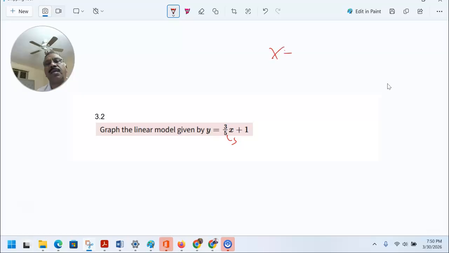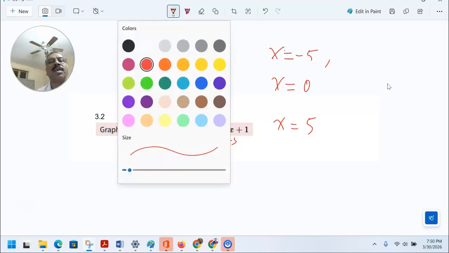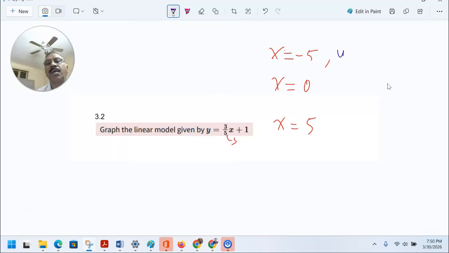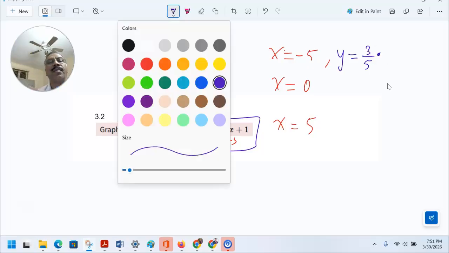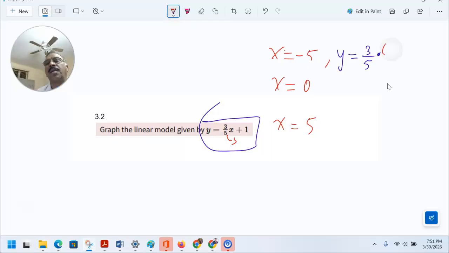I'll say, okay, x equals -5, pick x equals maybe 0, and pick x equals +5. So that way we can figure out for this input, your y will equal 3/5 of the -5, and then the +1.